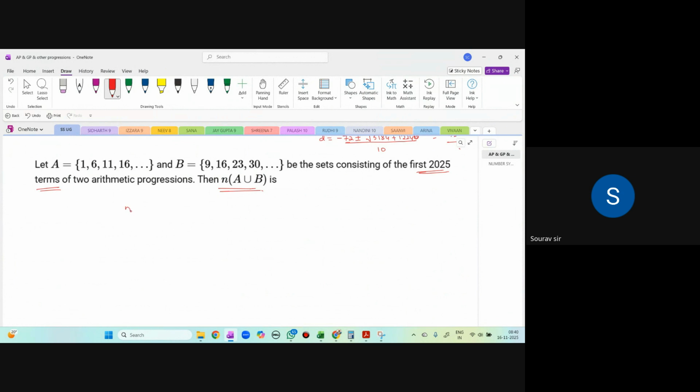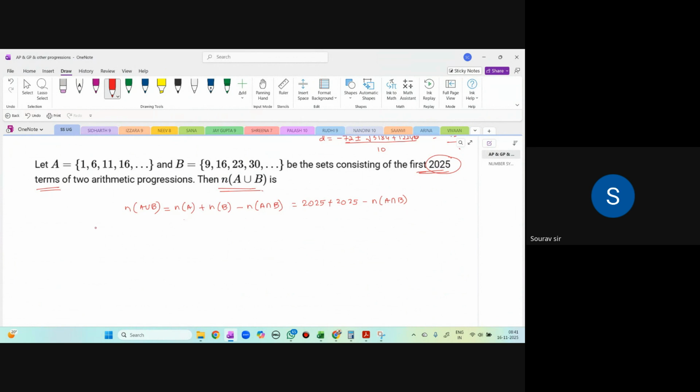So n of A union B is n of A plus n of B minus n of A intersection B. Basic set theory. So the number of terms of A is 2025, number of terms of B is 2025, minus n of A intersection B. This is what we need to figure out. That means I have to figure out how many terms are common.